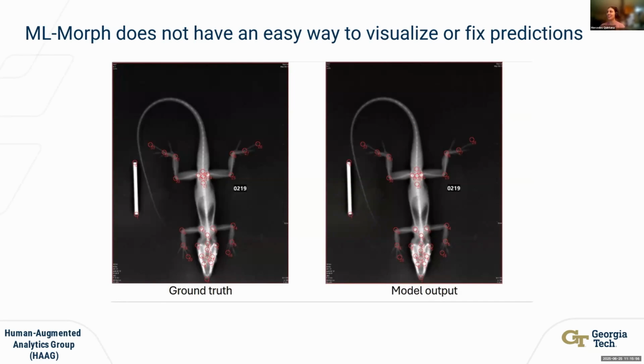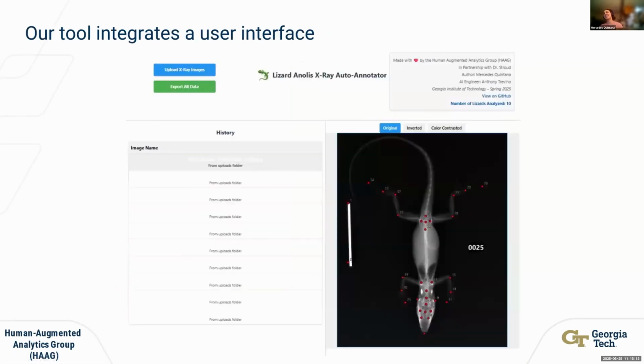But once it's done and you feel pretty good about the error, it's pretty hard to use this same visualization, mostly because it's not useful. So what we did is we made a user interface to make this next part a little easier.